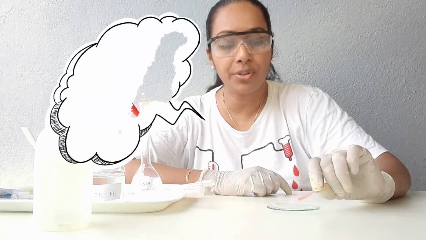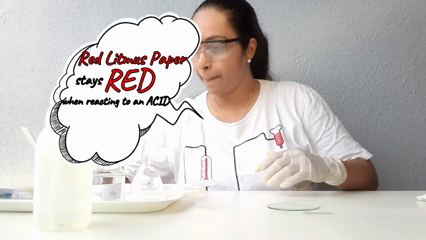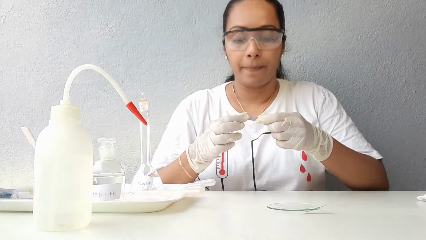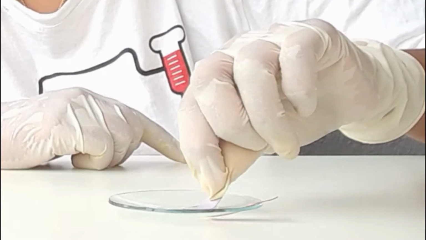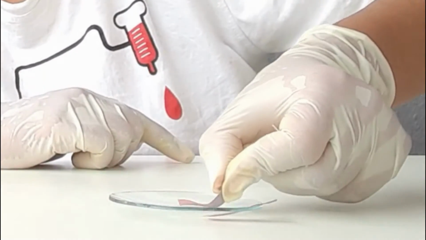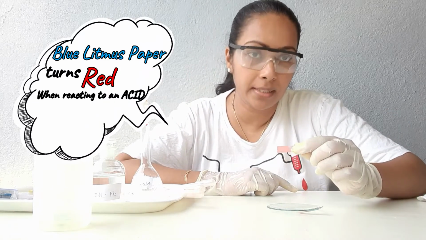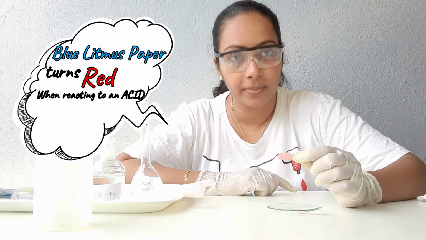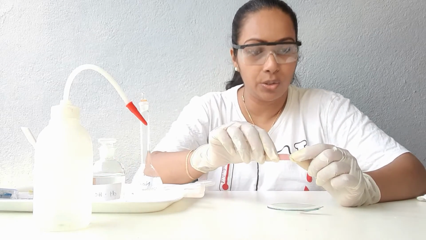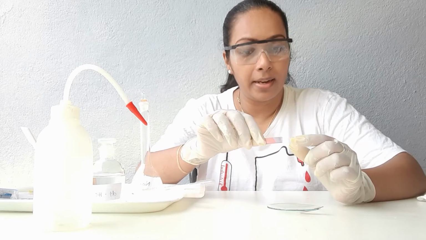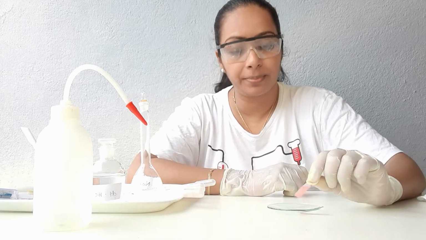No. So let us try with a piece of blue litmus. Blue litmus turns into red. So with acids, blue litmus turns into red, and red litmus does not give a color change.